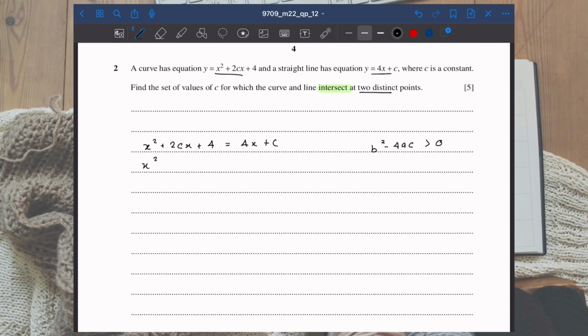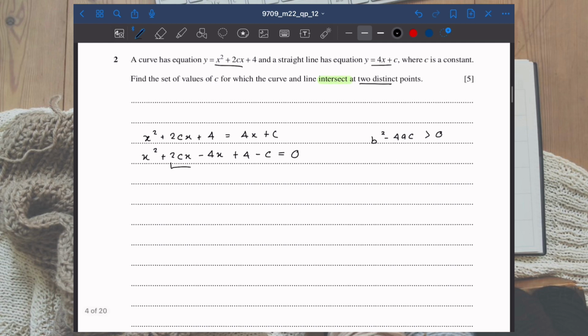So x squared plus 2cx, then move 4x to the other side, minus 4x plus 4 minus c equals 0. So combine these two like terms, so x squared plus bracket 2c minus 4 x plus 4 minus c equals 0.